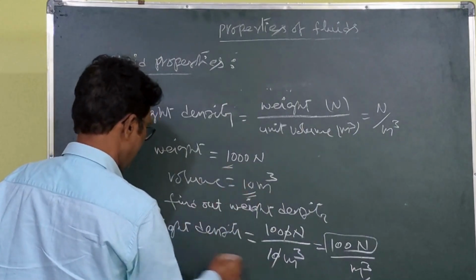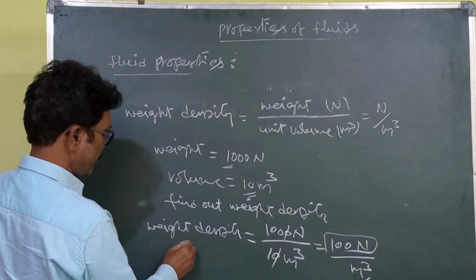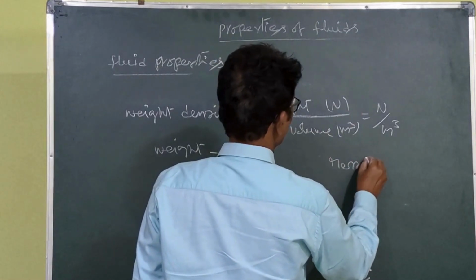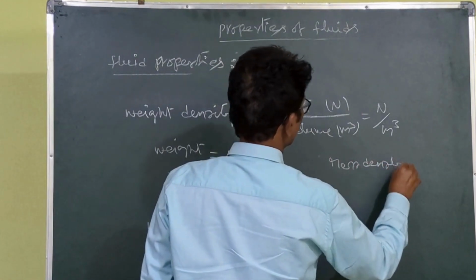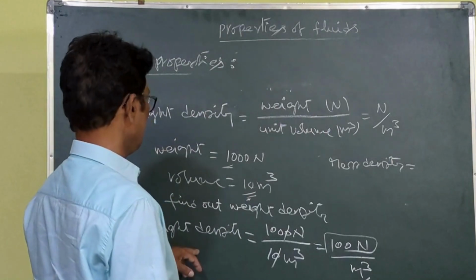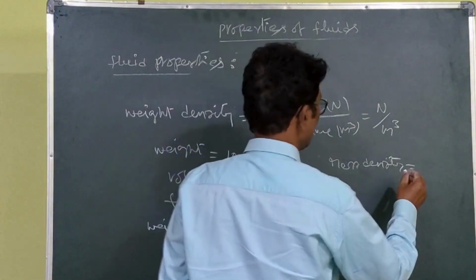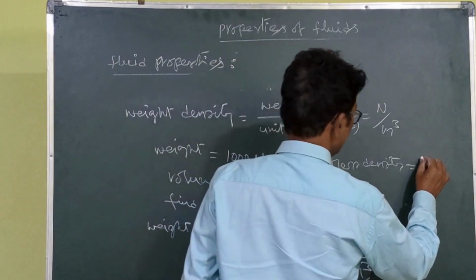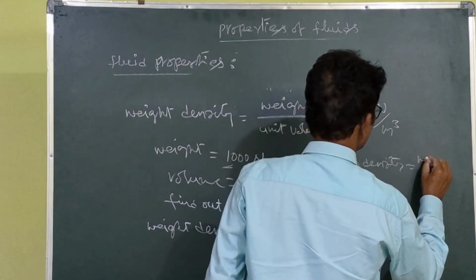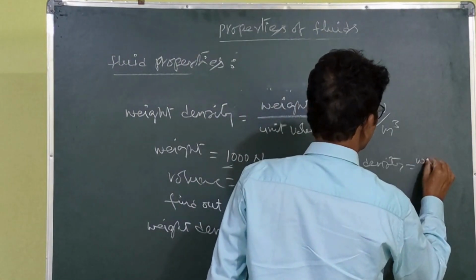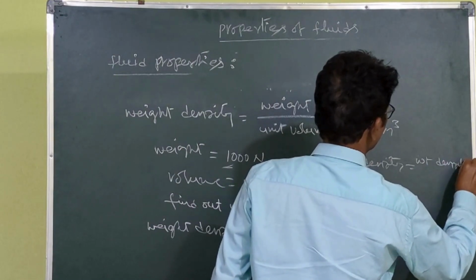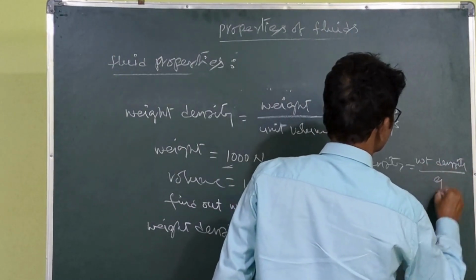As usual, you know that here weight density and volume are given. From this, suppose you are asked to find the mass density. From this equation, mass density is equal to weight density divided by g.